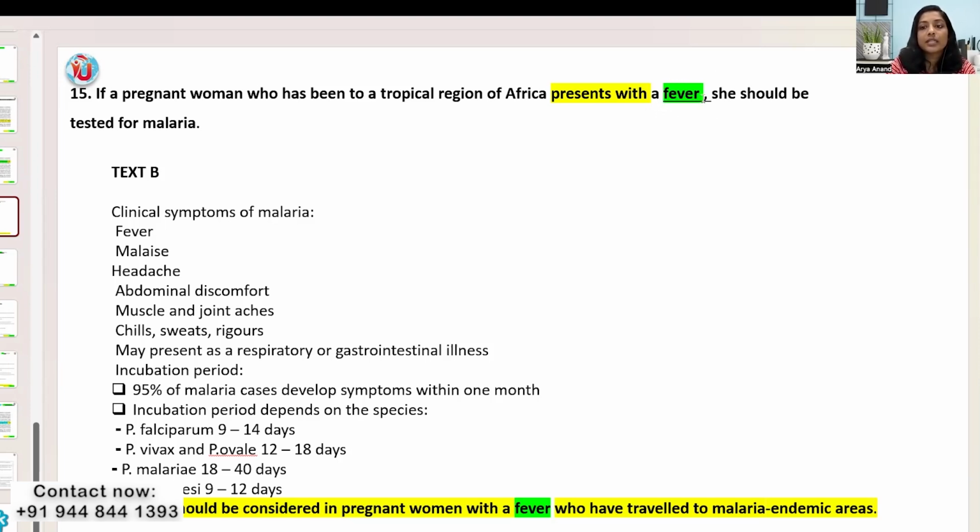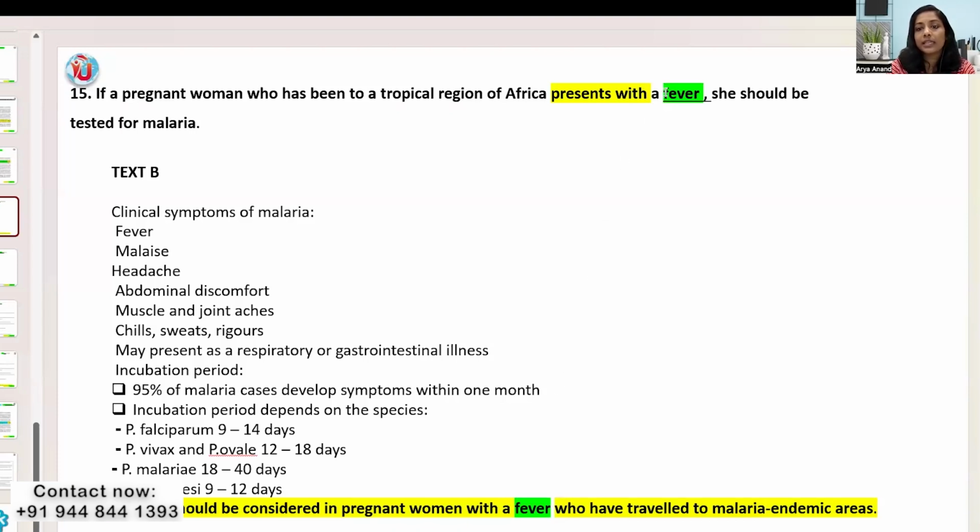So you need to see she should be tested for malaria. Here you can see malaria should be considered in pregnant women with a fever who have traveled to malaria endemic areas. One of the malaria endemic areas is Africa, right? So here, malaria should be considered in pregnant women with a fever.